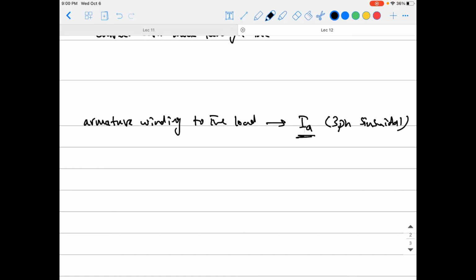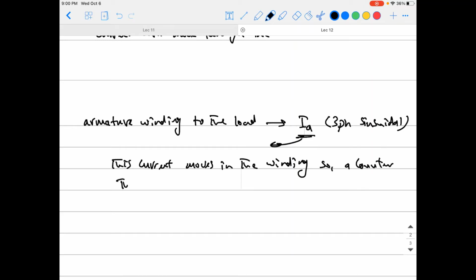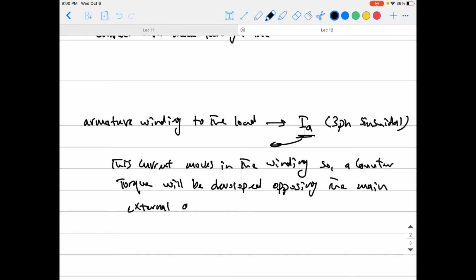Because now you have current moving inside the winding, a counter torque will be developed, opposing the main external applied torque.